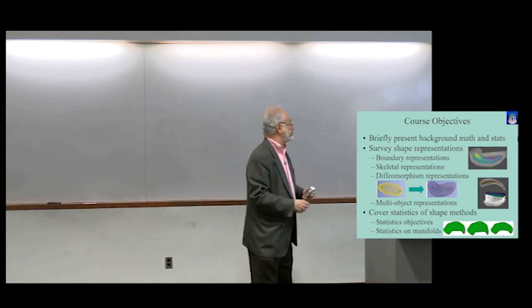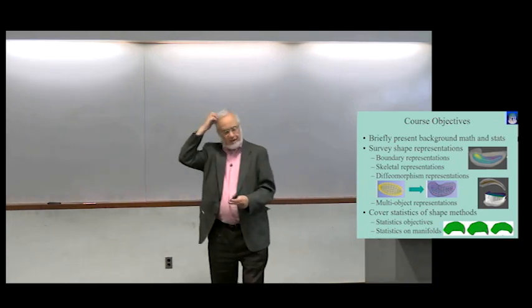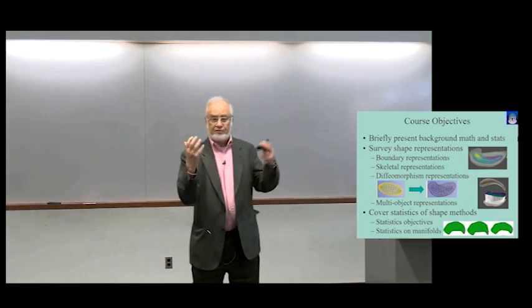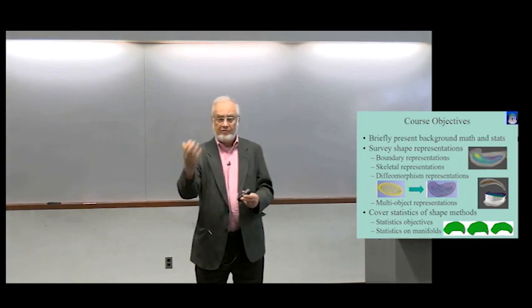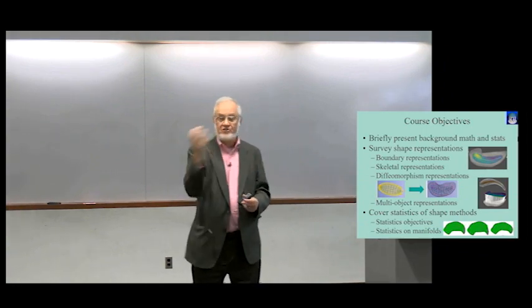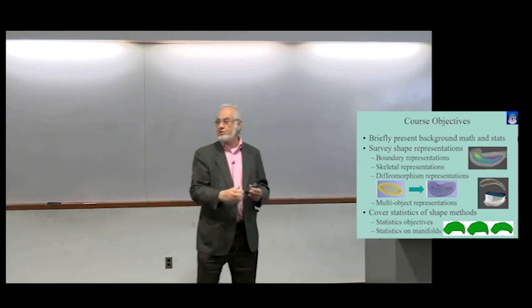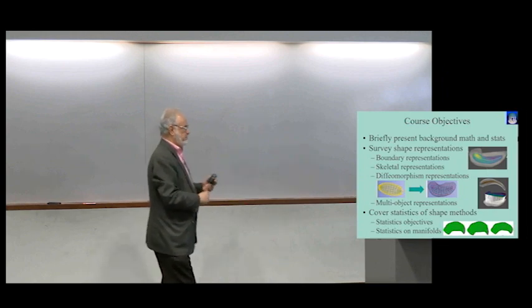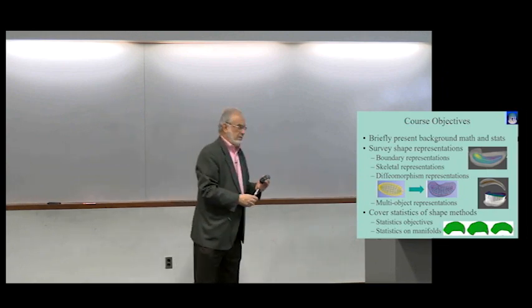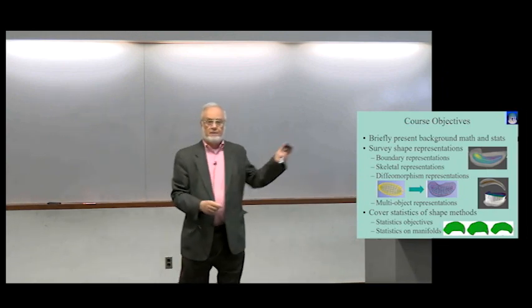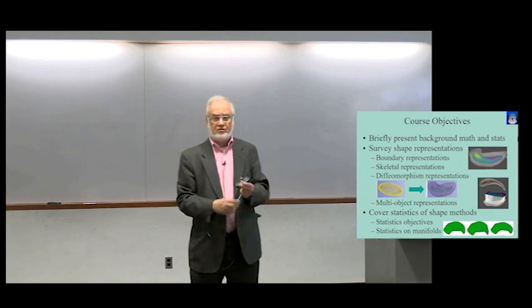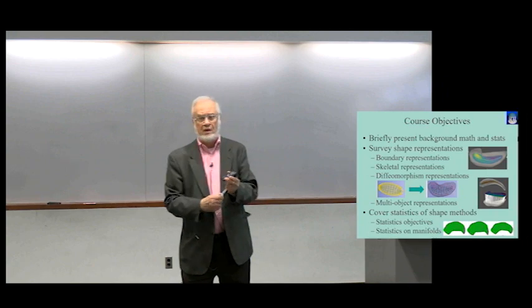You're interested in classification. If you have two classes of shapes, and now you have a particular one, you want to decide in which class, for example, diseased or not diseased, that shape is in. You're interested in hypothesis testing methods. Interested in segmentation.